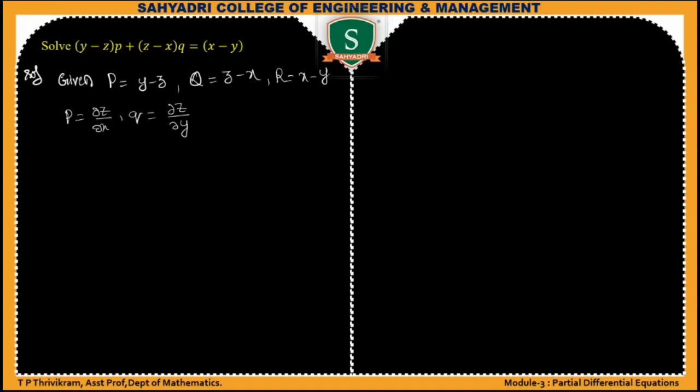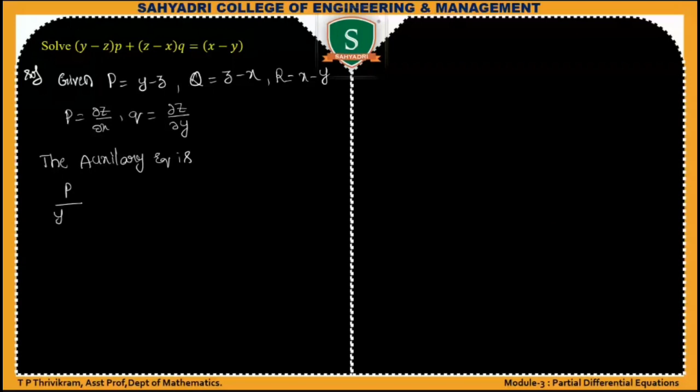Now the auxiliary equation is dx divided by y minus z, similarly dy divided by z minus x, and dz divided by x minus y.